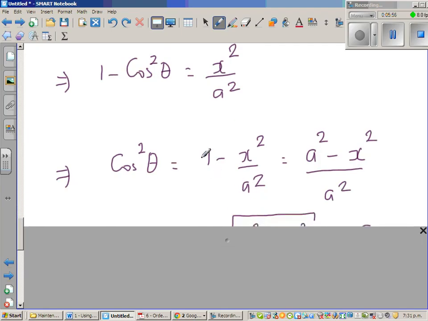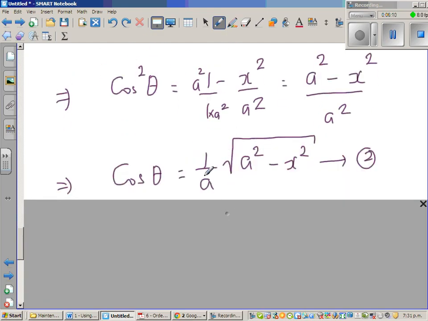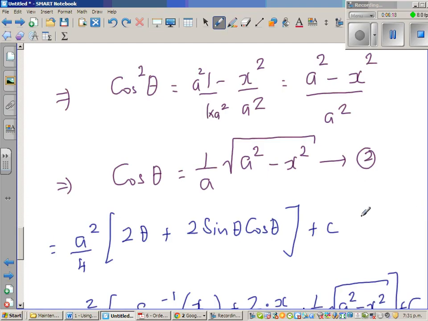Multiplying both by a squared, or cross multiplying, we get a squared minus x squared over a squared. So cos theta is 1 over a times square root of a squared minus x squared. This is result 2.